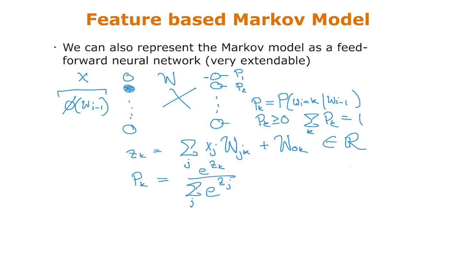So clearly, as a result, these are all positive, and they also sum to 1. So they are valid predictions of probability. This is known as the softmax output layer.